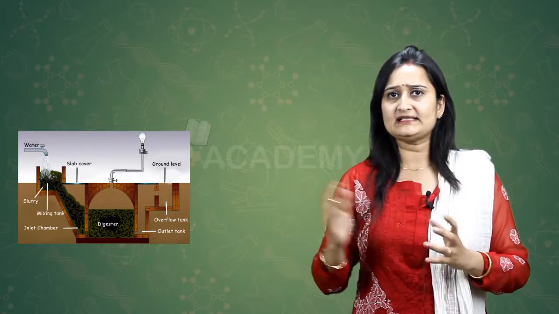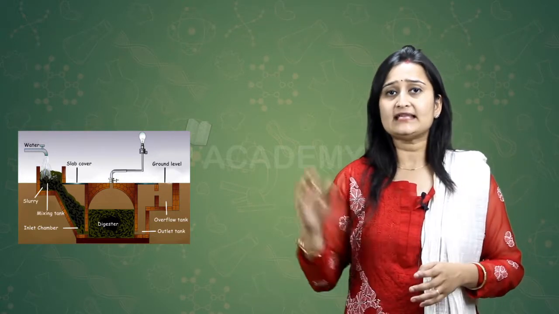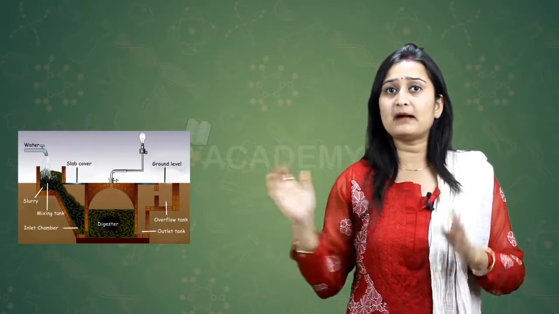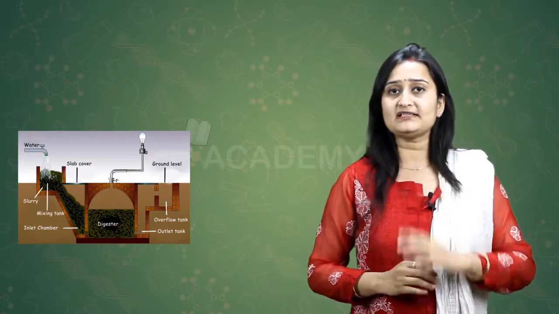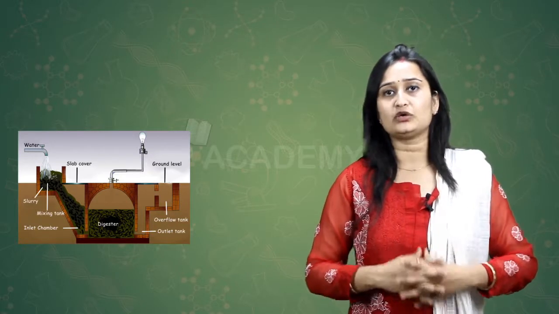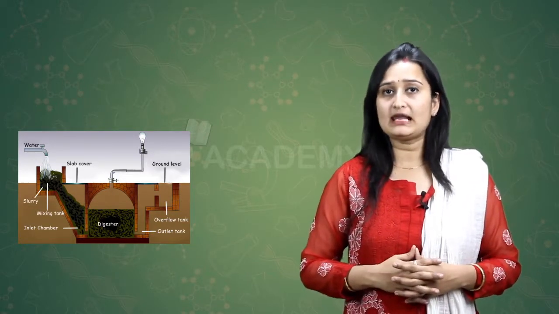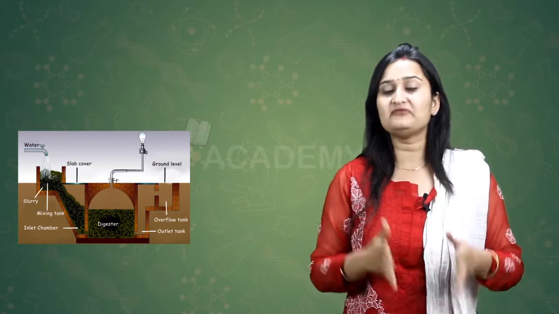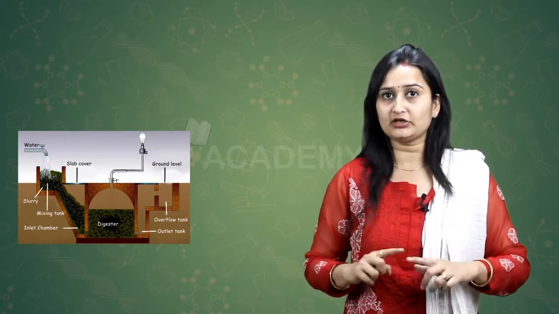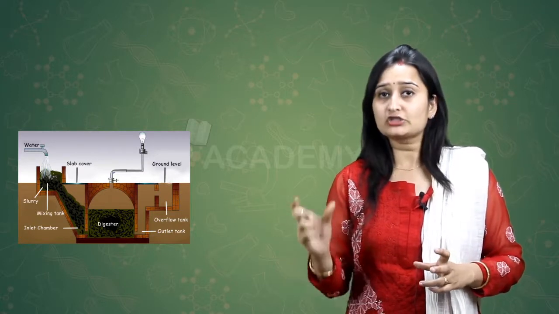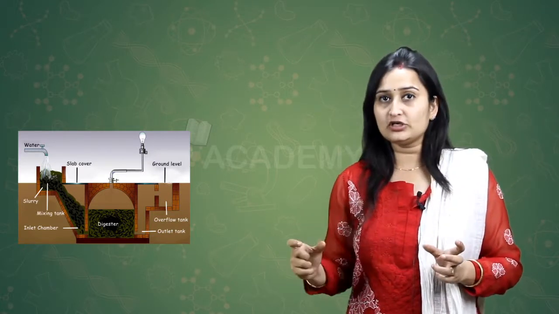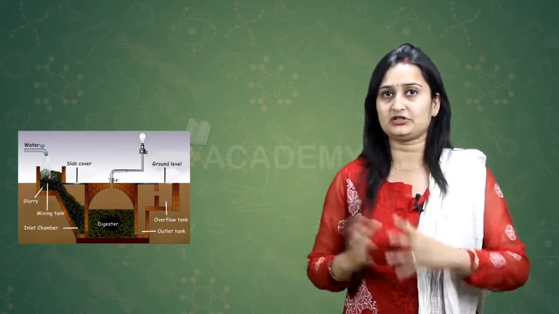Now, again, if you go inside the diagram, you can see that the digester, which is a well, is connected on both sides by two different sections. The first section is the inlet chamber and the second section is the outlet chamber. The inlet chamber allows the cow dung which is mixed with water. When the cow dung is mixed with water, then it is called slurry. So, the inlet chamber allows the slurry to be introduced into the digester.